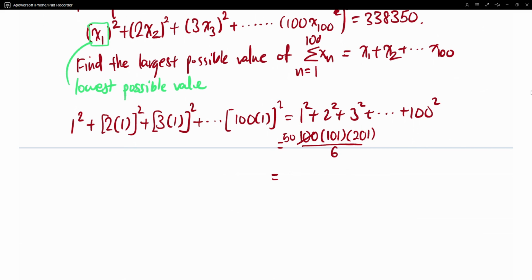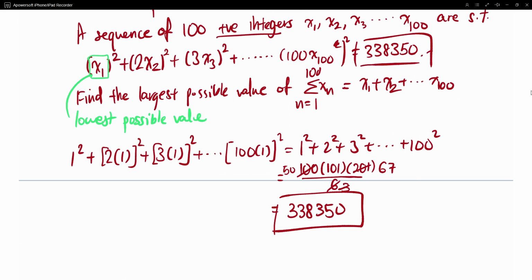Maybe you cancel this out, and 201 divided by 3 is 67. When you evaluate this expression, 50 times 101 times 67, you'll find that this actually equals 338,350. And this is exactly the same as what the question asks us. Hence, we have concluded that our hypothesis is correct.